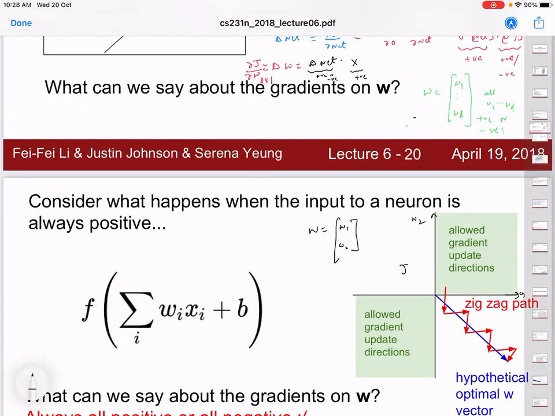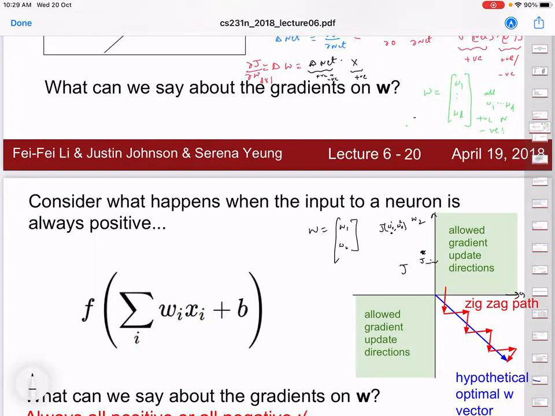We want to move from some J naught, the initial location at the initialization of weight vectors W1 and W2. Let there be a minima location somewhere, J minimum, and we want to progress towards this.